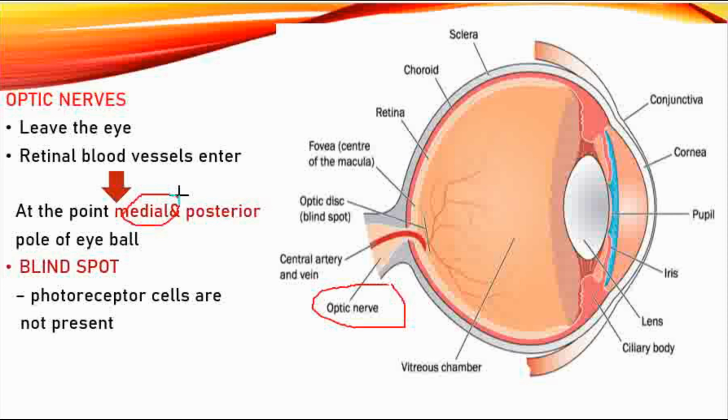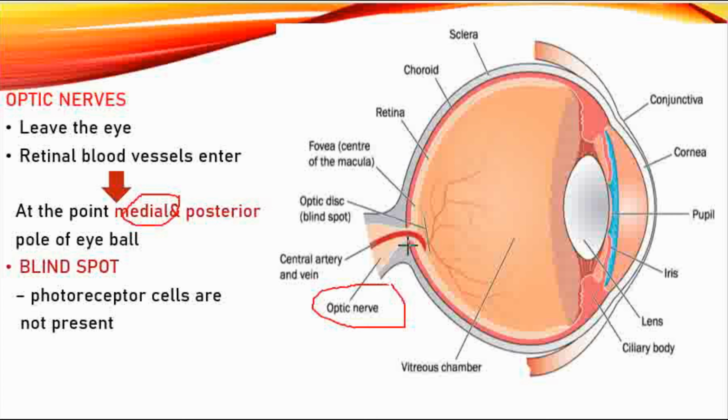In the exact position, it is slightly above the posterior pole of the eyeball. Posterior is the back side of the eyeball, and slightly above it is this portion. In this particular part we have the optic nerve. You can see it in the picture. This is known as the optic nerve.